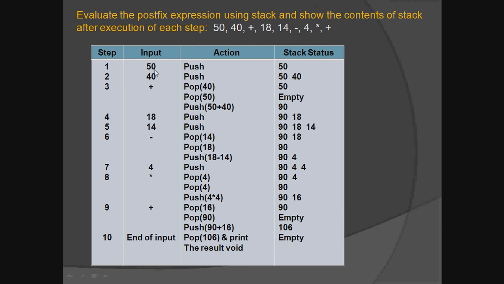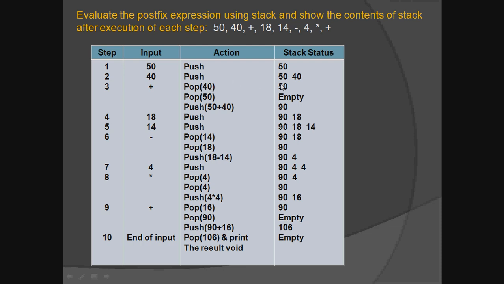So now after 40 is pushed into the stack, next comes the plus symbol, the arithmetic operator plus. Before this is pushed into the stack, we have to pop the value 40, because 40 is on the top of the stack, right?